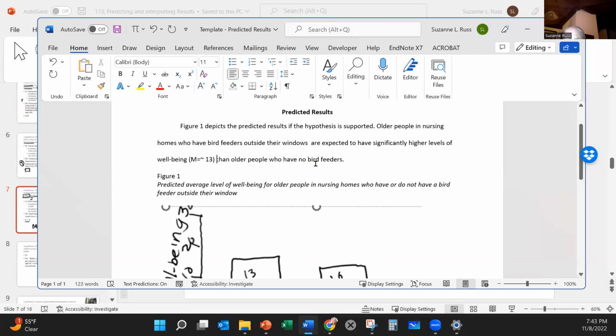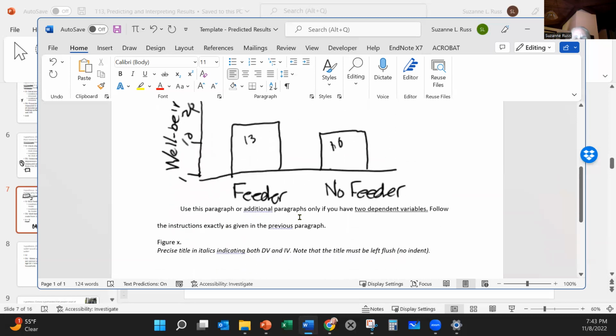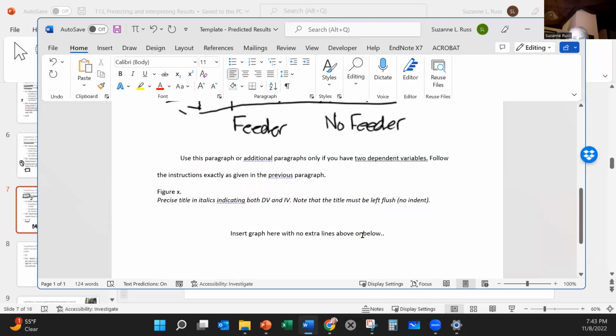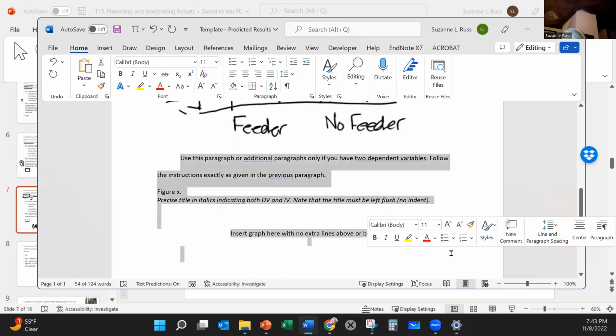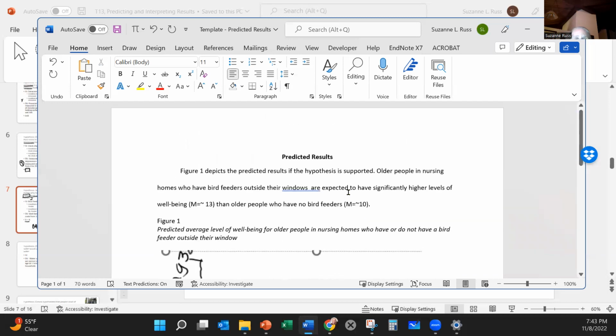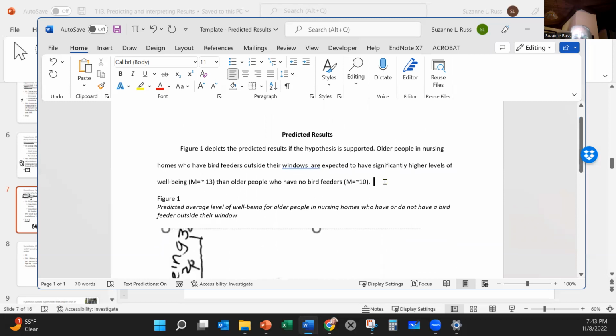The mean equals approximately 13 than older people with no bird feeders, for whom the mean is approximately 10. Now, in here, there's nothing else I need to say. If I have another dependent variable, I'll go down to here and I will write about the second dependent variable and include a second table. If I have no dependent variable, as I don't, I just get rid of this. All right, that's it. This is the predicted results section.